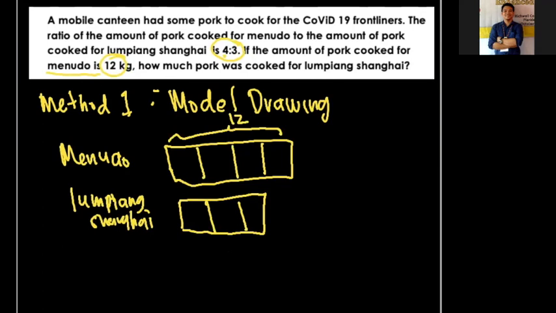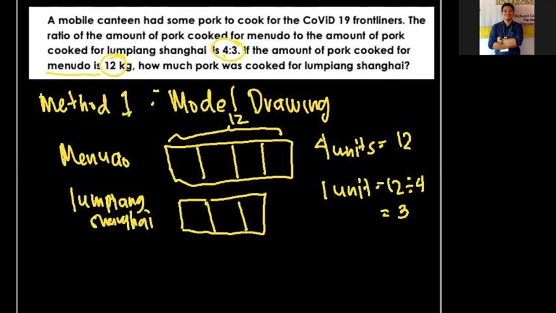Let's now try to find the value of each unit. If 4 units is equivalent to 12, then 1 unit is just equal to 12 divided by 4, which is 3.